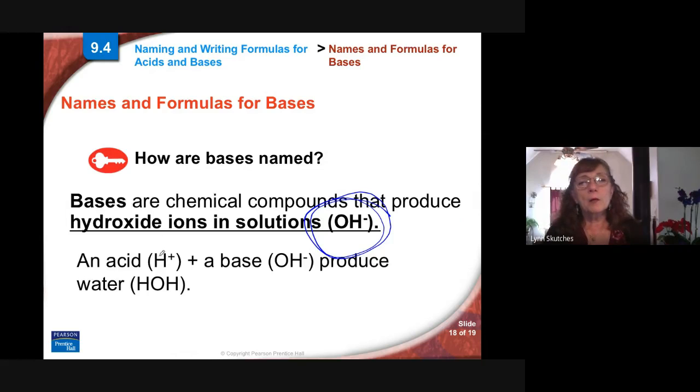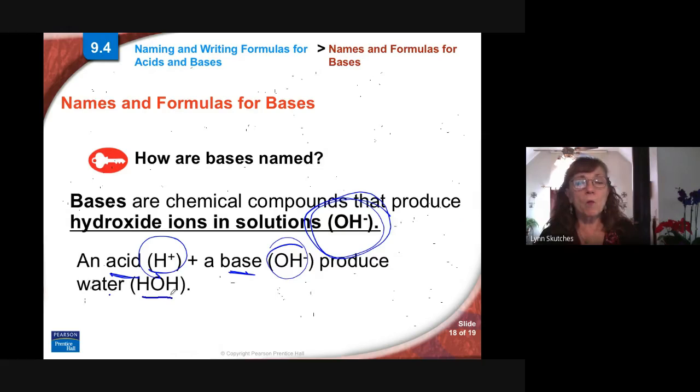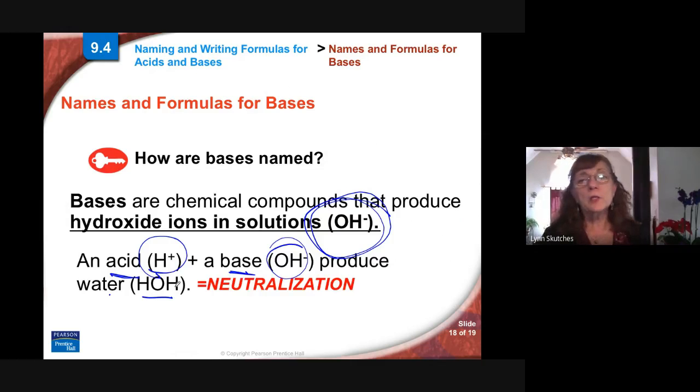Real quick, this is an important type of reaction. Hydrogen ions from an acid, hydroxide ions from a base come together to make water. Okay? That's called neutralization. So if you have equal numbers of hydrogens and hydroxide, you got water.